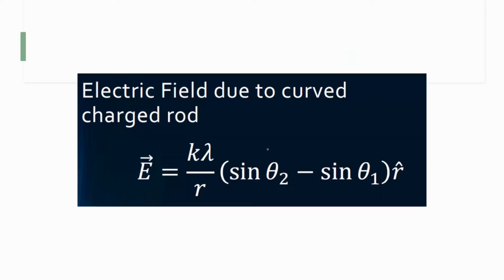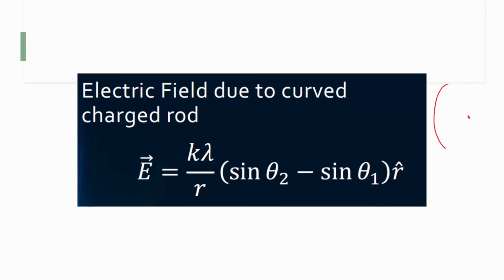Next, electric field due to a curved charge rod. So, halos same lang naman siya sa straight rod. Aralin nyo lang talaga mag-substitute ng values dito sa formula. Di naman to lumabas dun sa periodic, so I don't think lalabas din yan sa test. Pero, ayun.